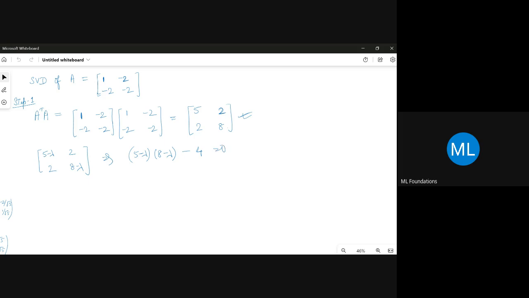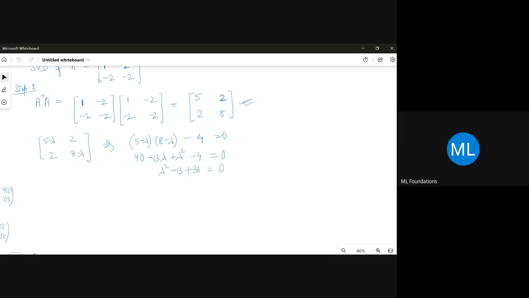So from here you get 40 minus 5 lambda minus 8 lambda, that is minus 13 lambda, plus lambda square minus 4 equals 0. You have lambda square minus 13 lambda plus 36 equals 0. Let's solve this.